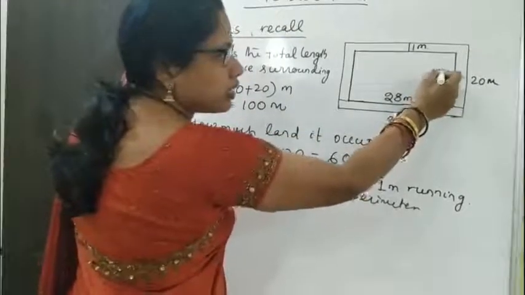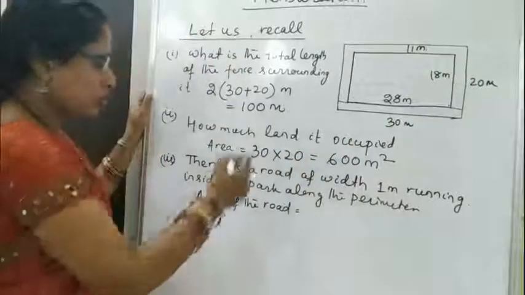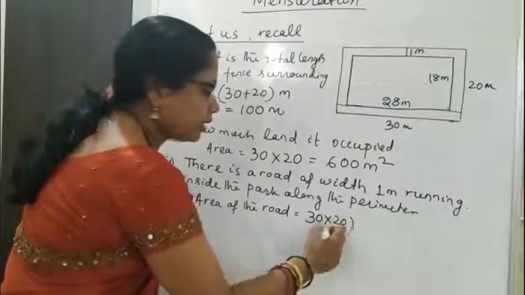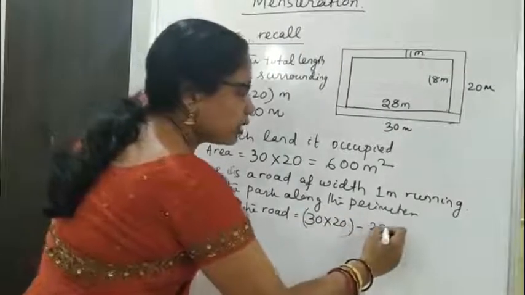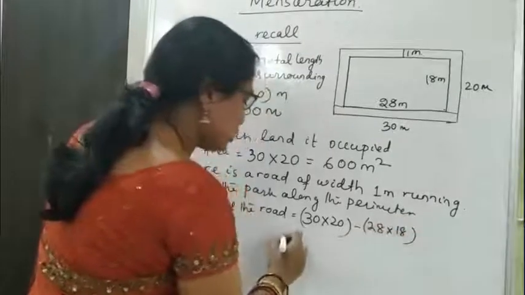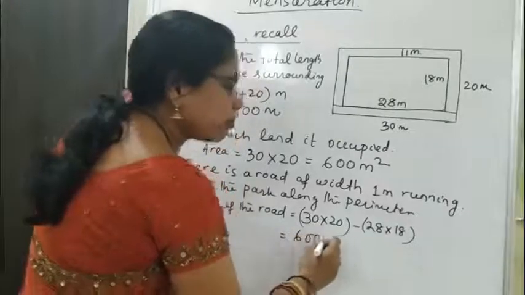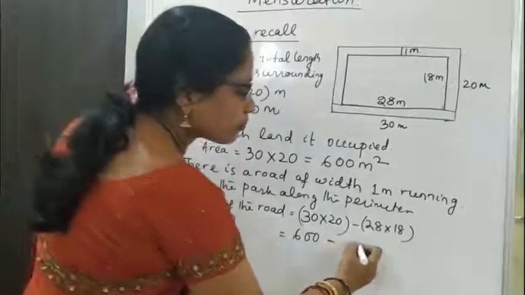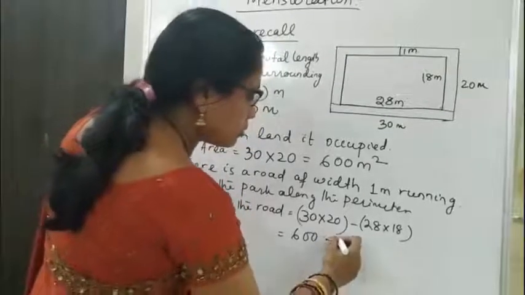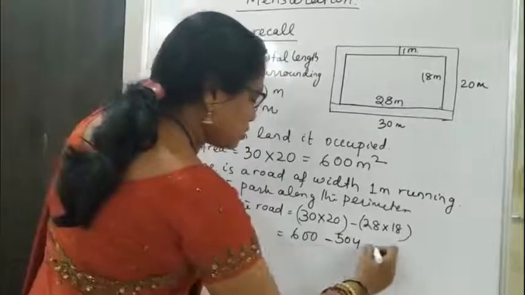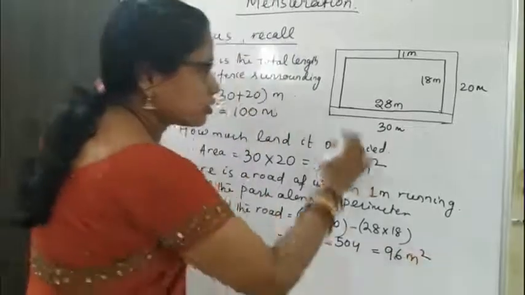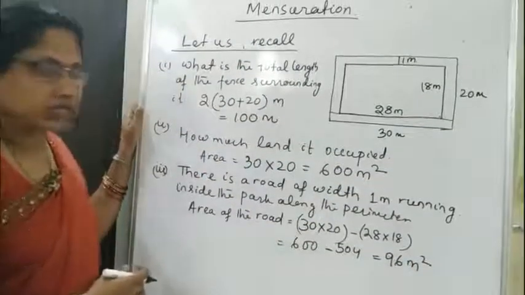So this is 18 meter. So the area of the road is equal to 30 multiplied with 20 minus 28 multiplied with 18. So this is equal to 600 minus 504. So this is equal to 96 meter square. So the area of the road is 96 meter square.